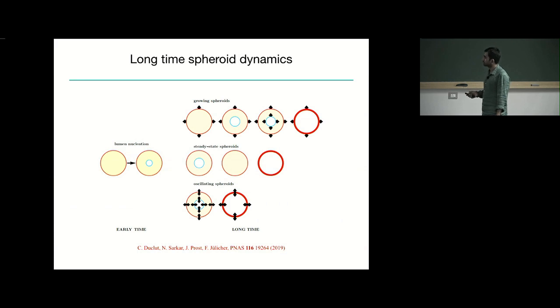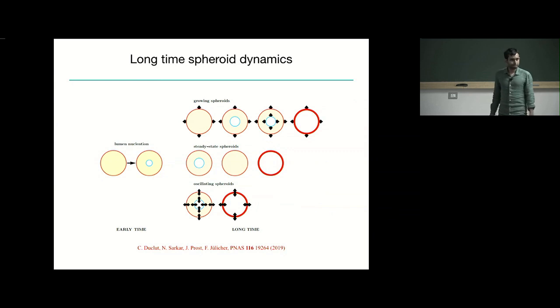You have lumen nucleation, so starting from a spheroid, the lumen can nucleate. You also have growing spheroids: the spheroid can grow without any lumen, the spheroid can grow with a fixed lumen, the spheroid can grow and the lumen can also grow, and the spheroid and lumen can grow together as a monolayer.